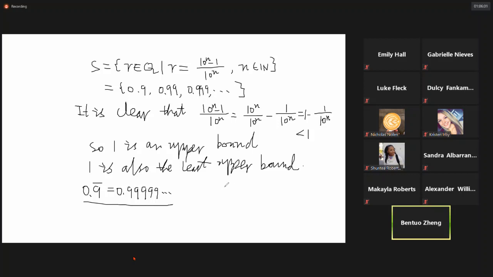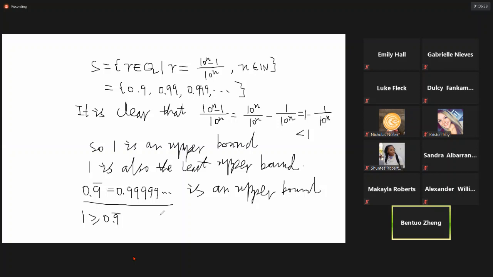So if you look at this number, this is also an upper bound. If you have these two upper bounds, it's clear Y is greater than or equal to 0.9 repeated.